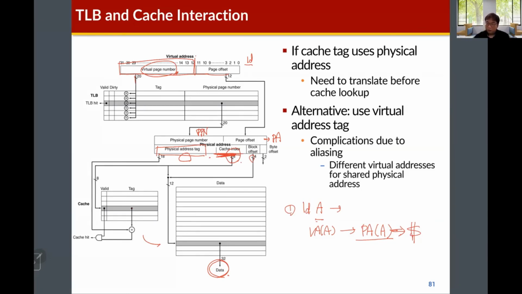Because of the virtual memory concept, the virtual address of load or store instructions needs to be translated into a physical address before accessing the cache. So firstly, we need to access the TLB, and then we can get the physical address, and with this physical address, we access the cache.